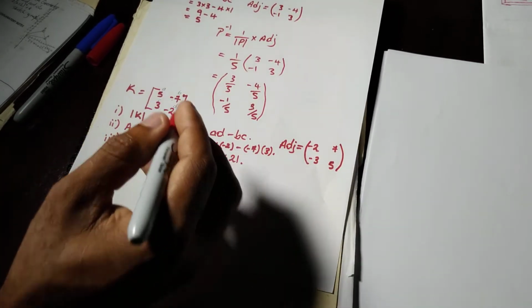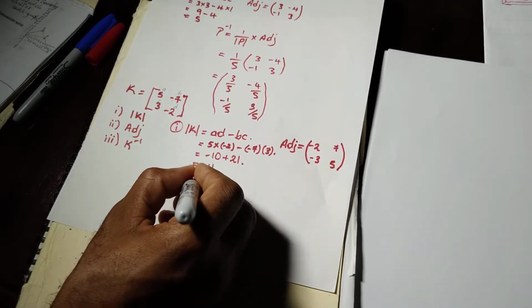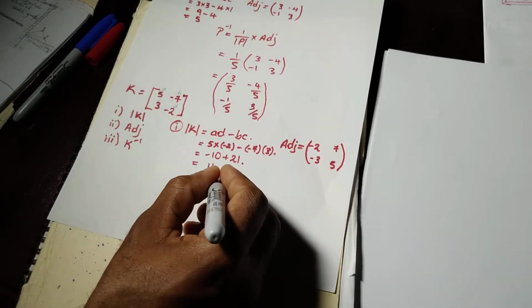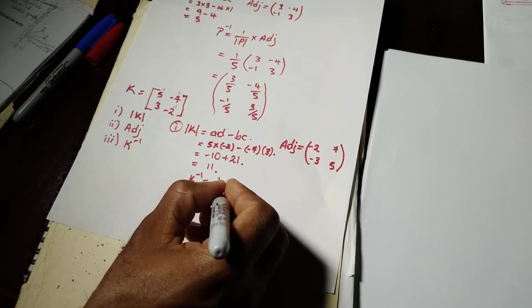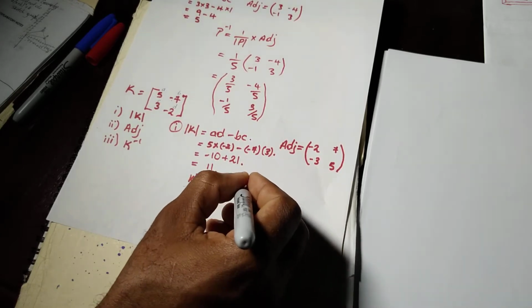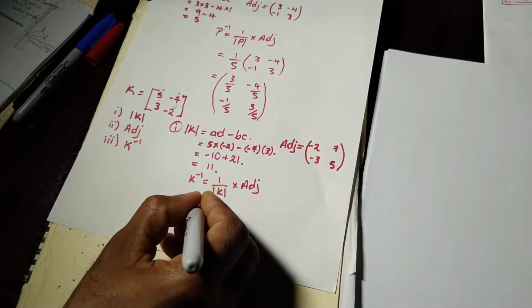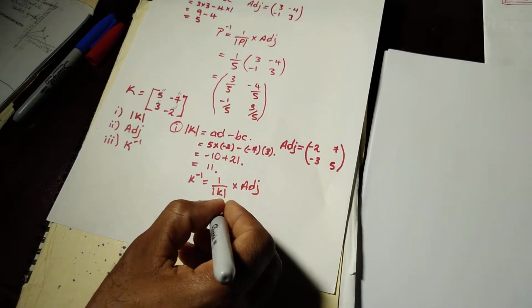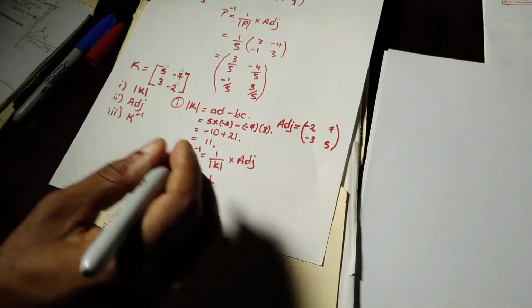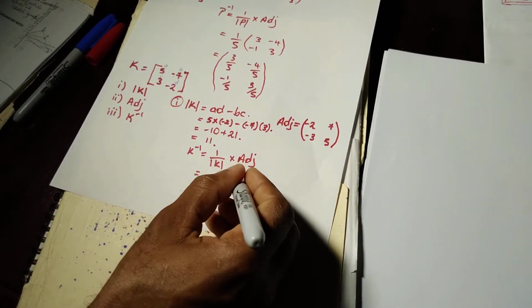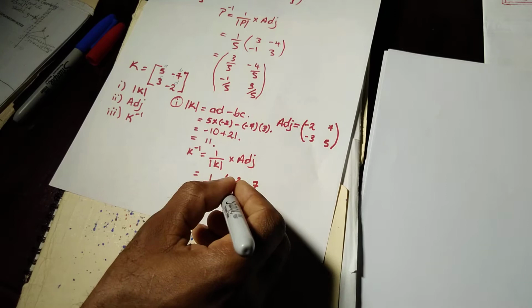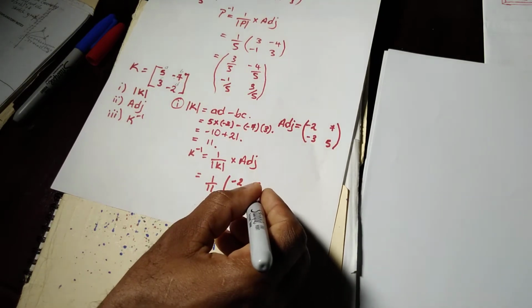So remember the inverse of any matrix: K to the minus 1 is equal to 1 over its determinant times its adjoint. So we're going to have 1 over 11 multiplied by minus 2, 7, minus 3, and 5.